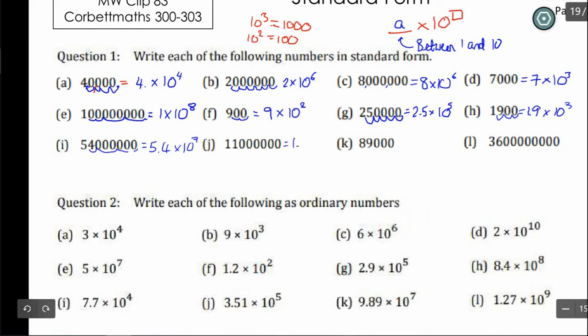This one is going to be 1.1 times 10 to the power of 3, 6, 7 again. 8.9 times 10 to the power of 4. And the final one, 3.6 times 10 to the power of 3, 6, 9. Okay, and this is the sort of number that we're getting towards that we would actually need standard form to represent. Okay.